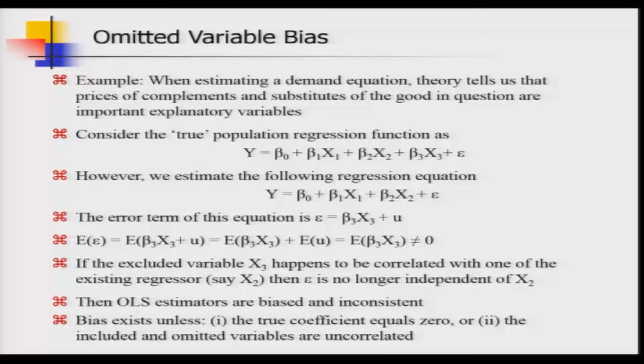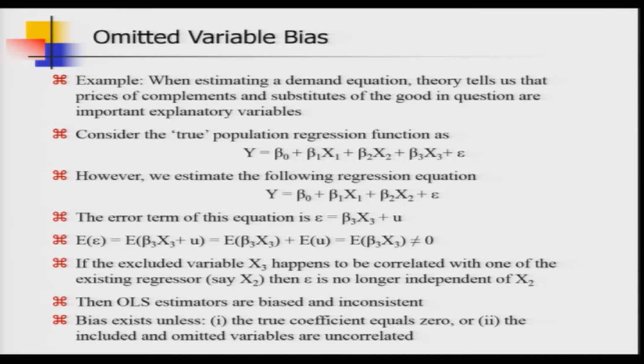So if there is some correlation between x2 and x3, then what happens? Then x2, which is part of the linear regression equation that you are estimating, will be correlated with the epsilon term or the error term. Why? Because that epsilon term now has the impact of the third variable x3 hidden in it. So in a nutshell, we can say that OLS estimators are biased and inconsistent.